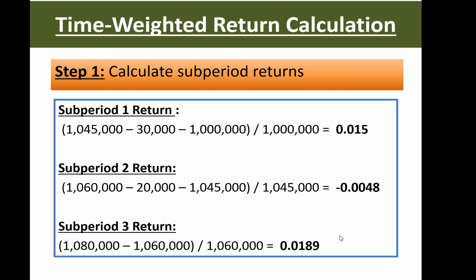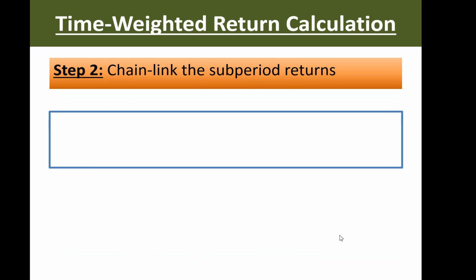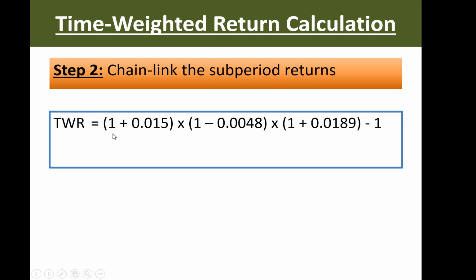So what you do there is you're taking the 1, you would basically add 0.015 to 1, add the second sub-period return to 1, and then add the third sub-period return to 1, and then subtract 1 finally from this entire chain right here.